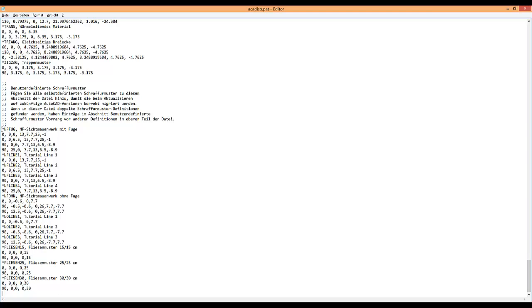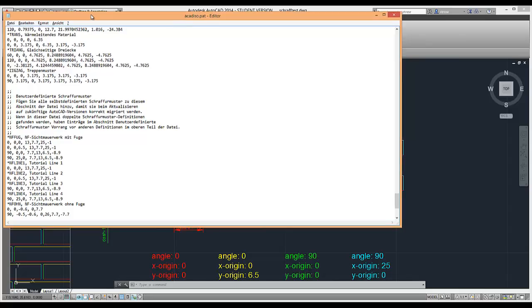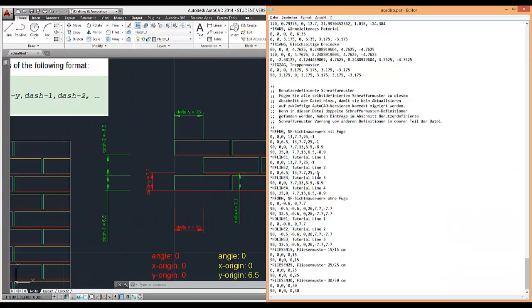So the hatch pattern is called NFUG, and the first line, which was the red one in AutoCAD, has an angle of 0 degrees because it's horizontal, starts off at the origin of 0, 0, which in this example would be right here, and then it has a delta x value of 13, which is the distance between this starting point and this one, and it has the 7.7 in delta y, which is this distance.